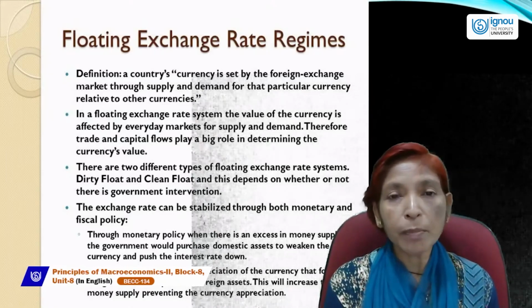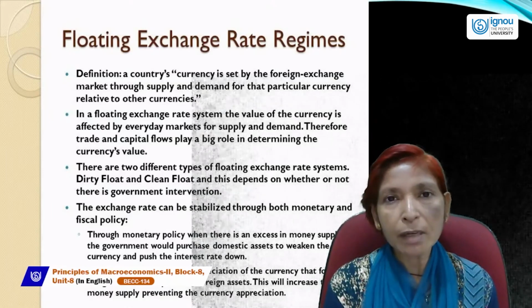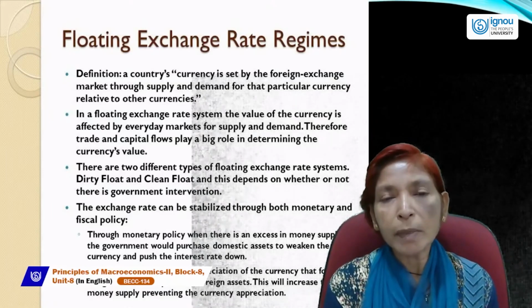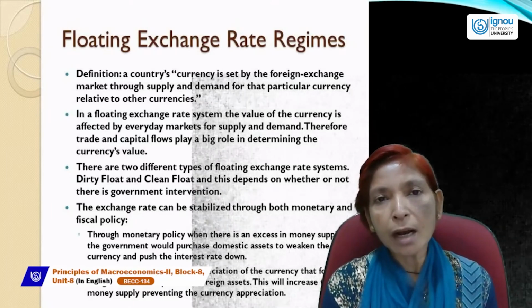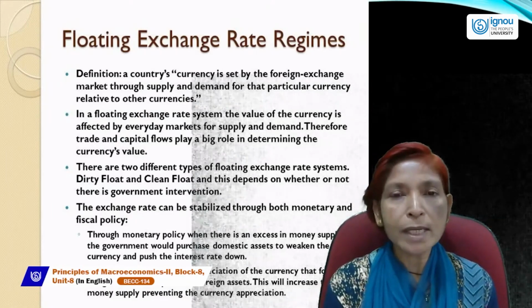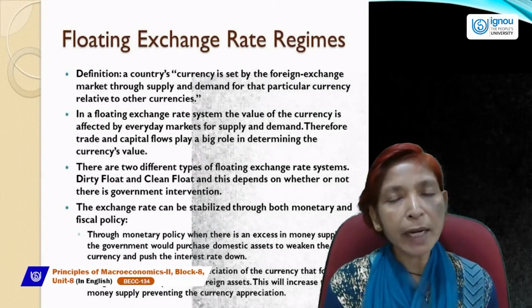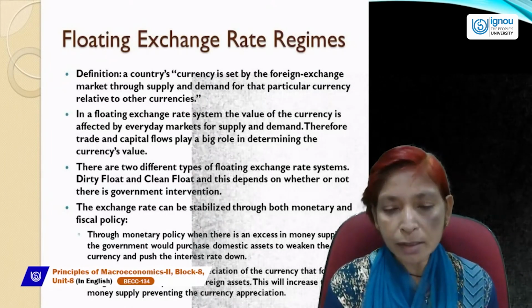Expansionary fiscal policy means when the government's expenditures are more than taxation, or if the government reduces taxes and spends more money on development or non-development expenditures.